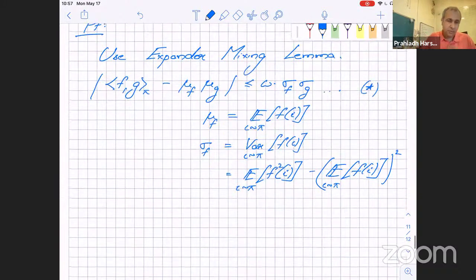So how are we going to do it? Let S be a subset of vertices, so the size of S is less than or equal to alpha n.